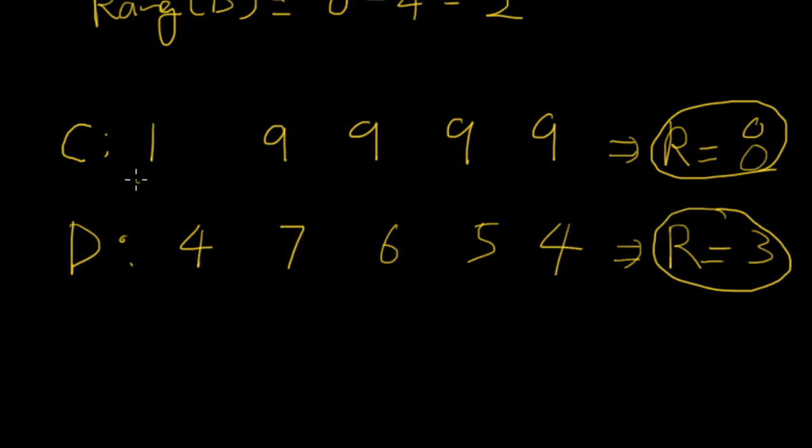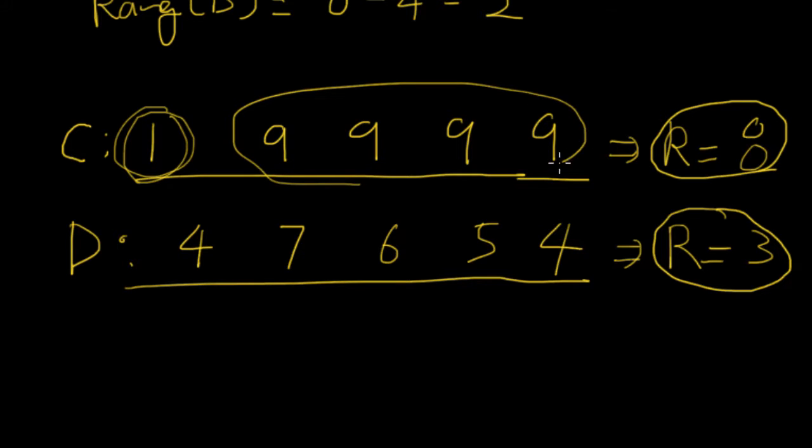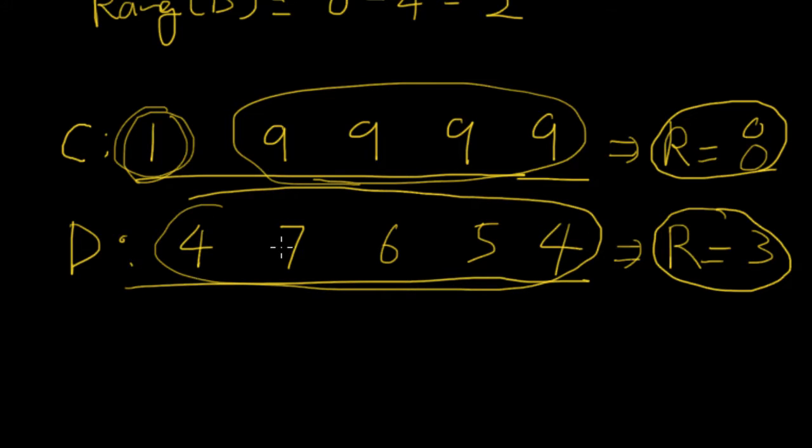But if you compare these two data sets, can you really say this is big range, spread out data, and this is small range compared to this, so concentrated data? Well, not really, because besides this one data point, the rest of the data are highly concentrated. This data set, on the other hand, is kind of spread out, right?